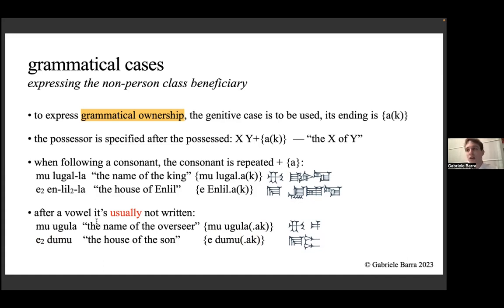And well, there was no singular scribal tradition in Mesopotamia, so it depends basically on where the tablet was written and where the scribe is from. So yeah, I would move on.